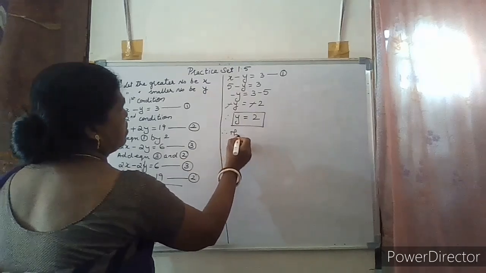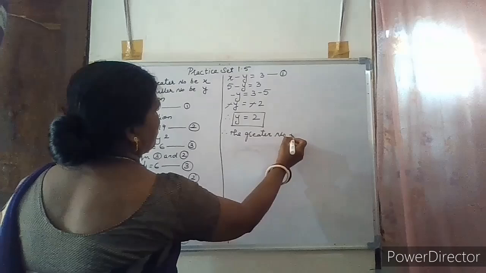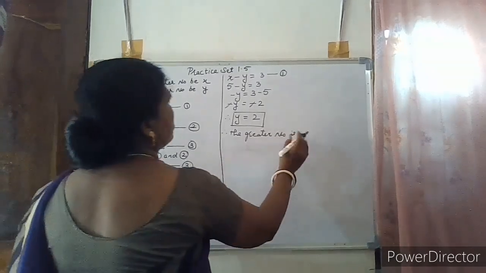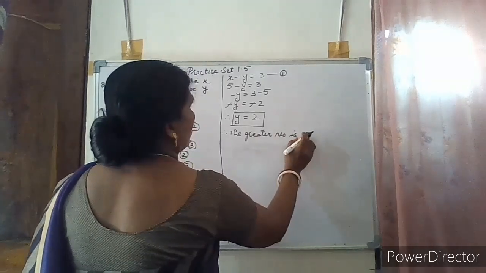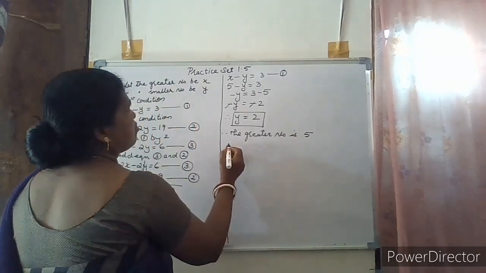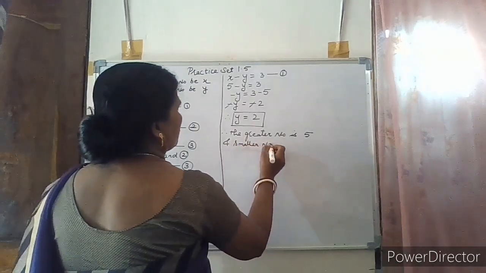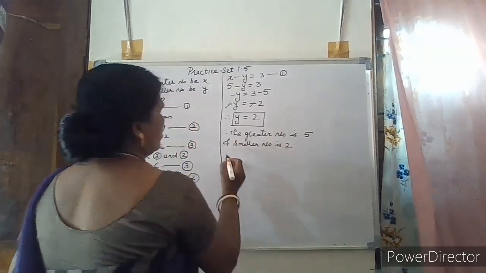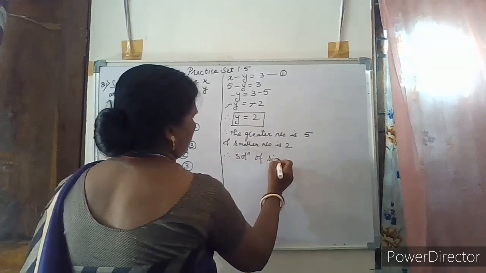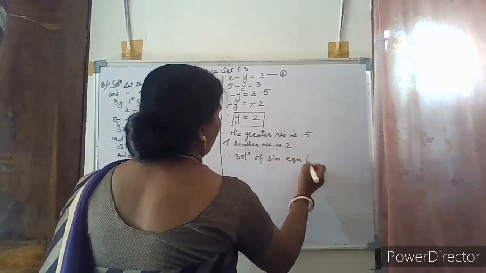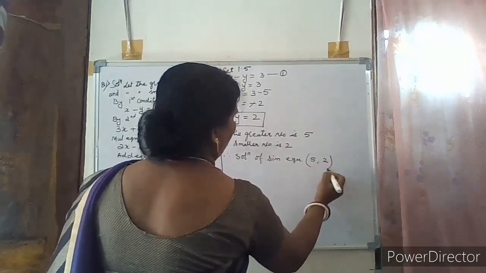Therefore the greater number is 5 and the smaller number is 2. Therefore, the solution of the simultaneous equations is x value we have got as 5, y value we have got as 2.